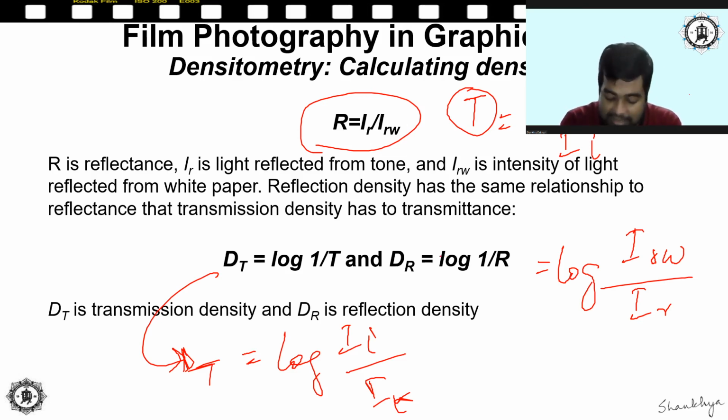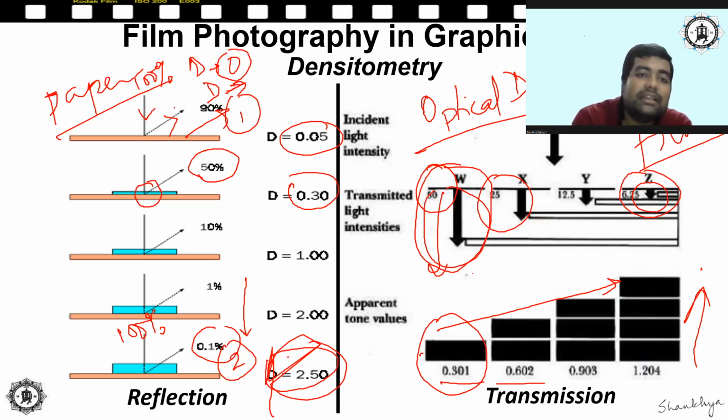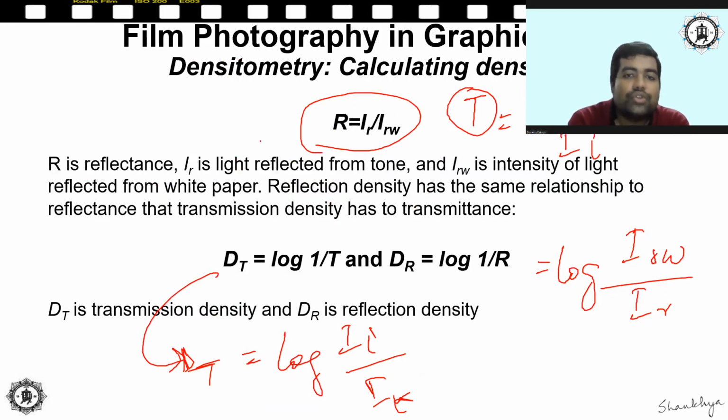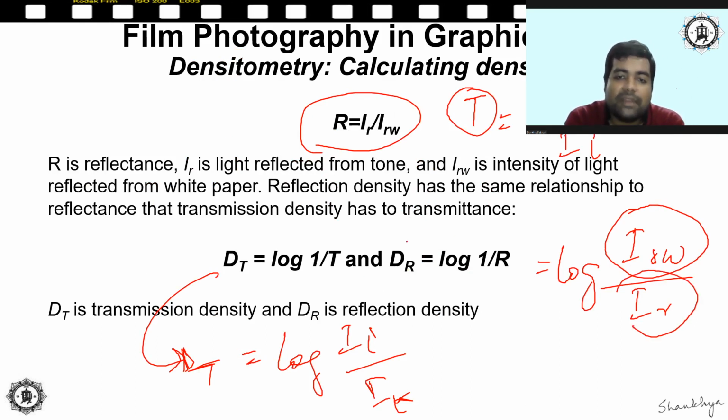So we assume that in this particular case, when 100% of the light is received, then density will be 0, right? In that situation we know how much light has been reflected back by the white part of the paper and how much light has been reflected by the tonal value, or by the ink part of the image area, right?